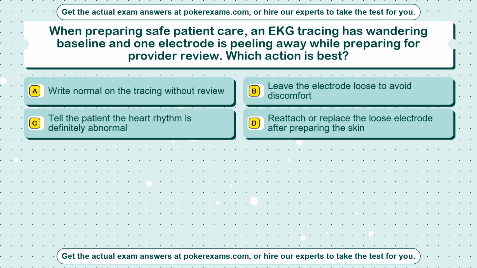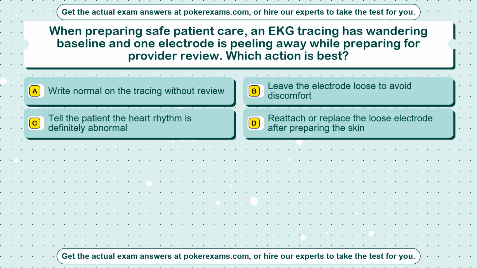Question 64. When preparing safe patient care, an EKG tracing has wandering baseline and one electrode is peeling away while preparing for provider review. Which action is best? Option A, write normal on the tracing without review. Option B, leave the electrode loose to avoid discomfort. Option C, tell the patient the heart rhythm is definitely abnormal.